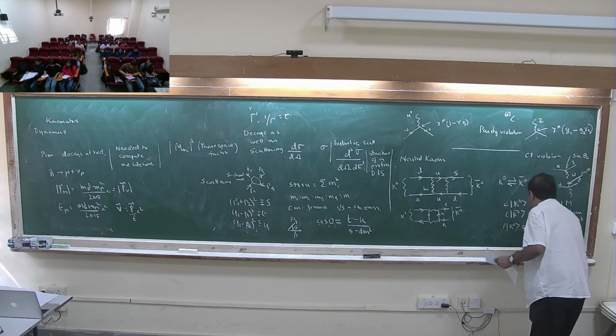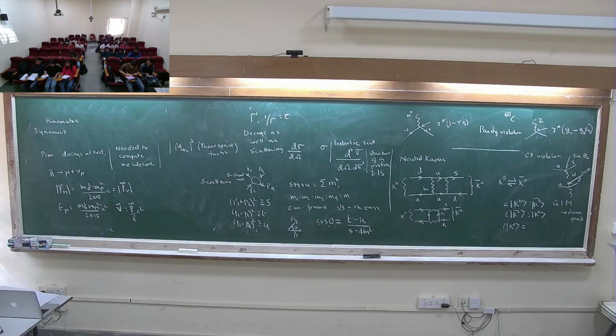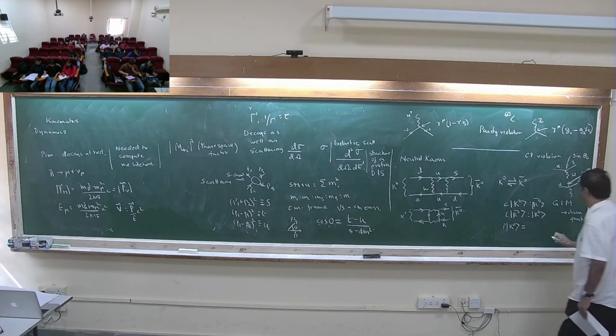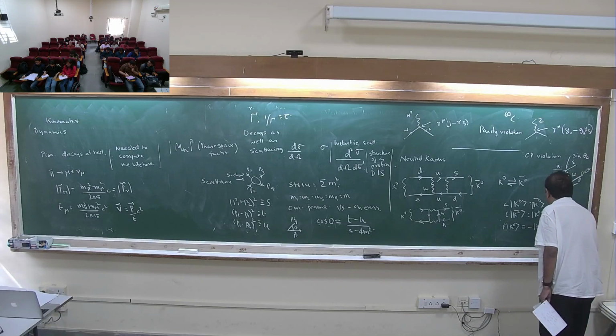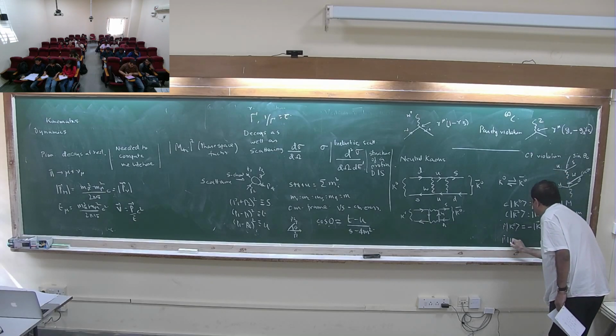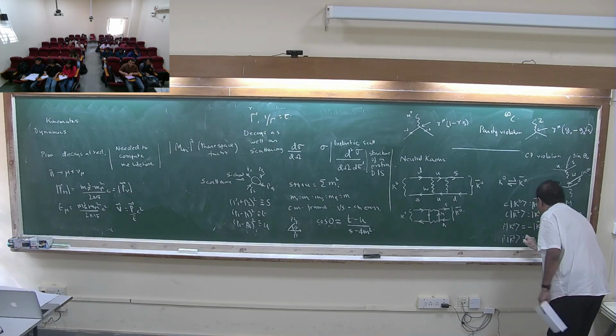Parity is... what kind of particles are K0s? We keep saying that they are members of the pseudo-scalar octet. So what does it mean to say something is pseudo-scalar? Minus, like this. Okay. So P acting on K0 bar is minus.